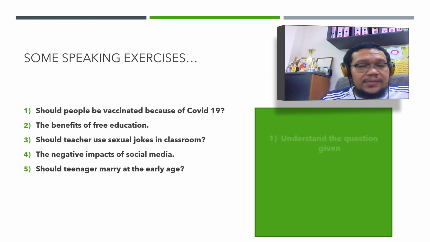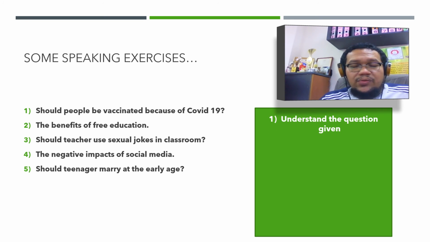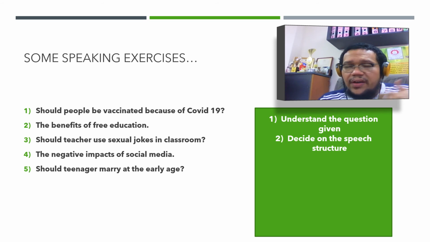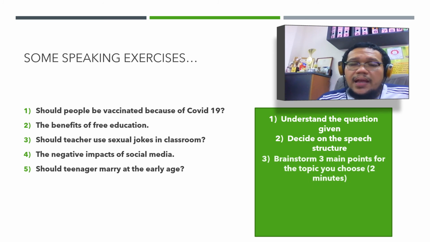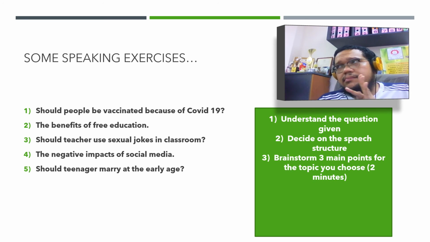Okay, so the first thing that you can do is you try to understand the question given, and then decide on the speech structure, whether it's cause and effect, or effect and cause, advantages or disadvantages, maybe a problem solution. All right, brainstorm three main points. Three main points, I guess, is enough.